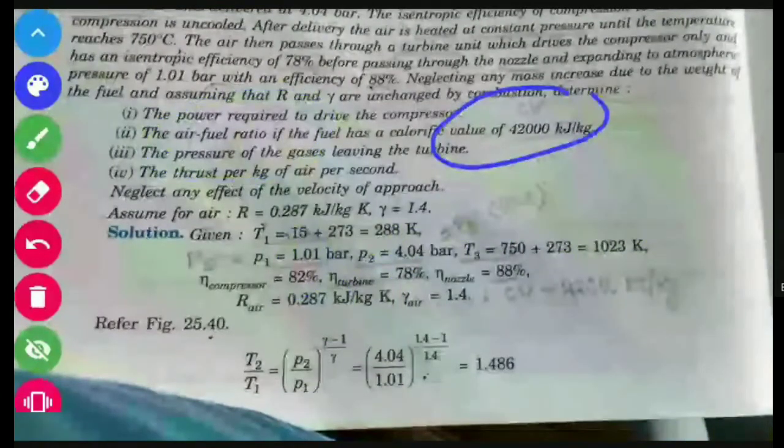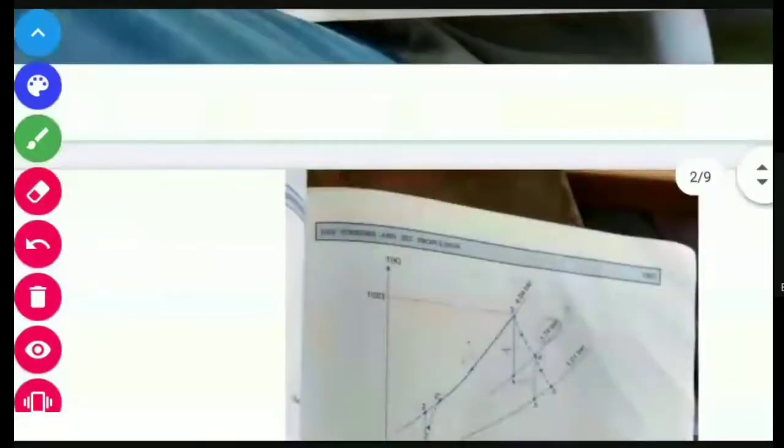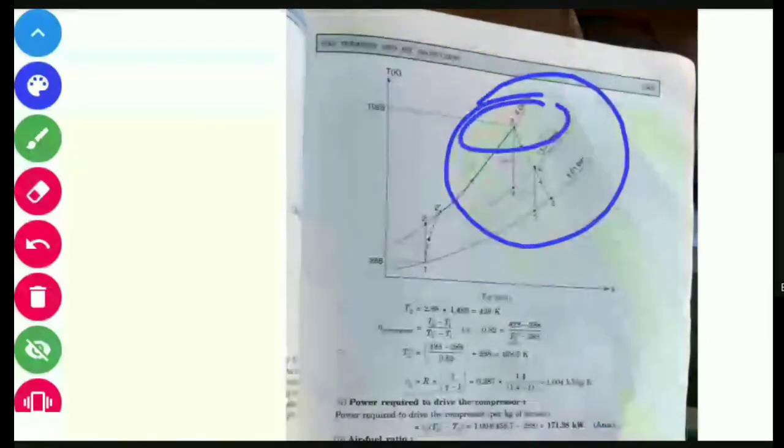Next, the pressure of the gases leaving the turbine. See, this is the turbine where 3 is the initial intake to the turbine and 4 is the exit.